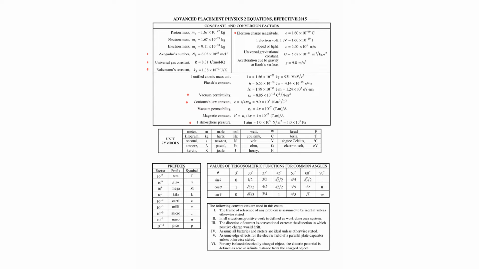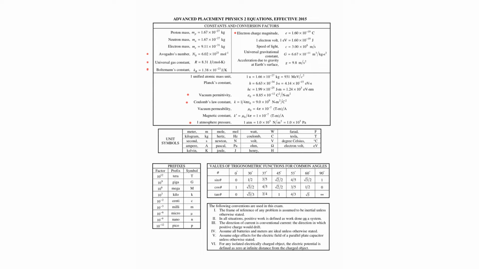There are a few that we haven't dealt with very specifically yet so far this year in AP Physics 2, like Hertz, Henry, Tesla, and even really electron volts we haven't talked about very much yet. But the rest of those units you should be comfortable with, and you need to make sure that when we start going over the equations that you know where those units match up with the different variables in our equations.